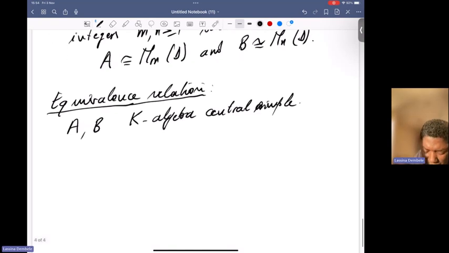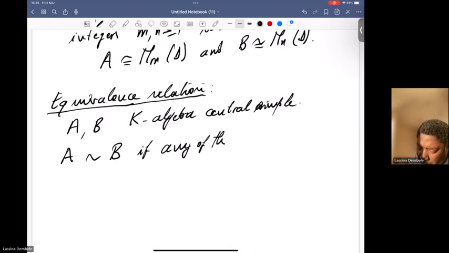Then we say that A is equivalent to B if any of the equivalent conditions of the previous propositions are satisfied.